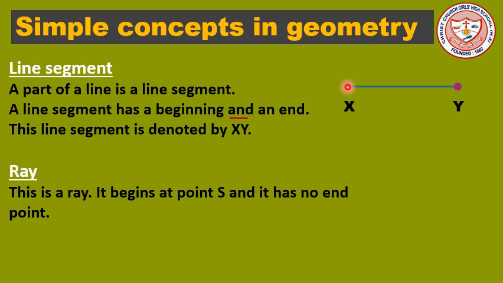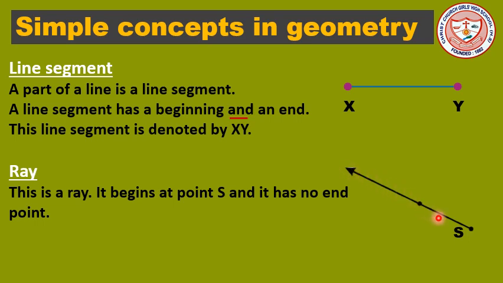We usually call it sun rays. Now, in geometry, we also have ray. This is a ray. It begins at point S and it has no end point.